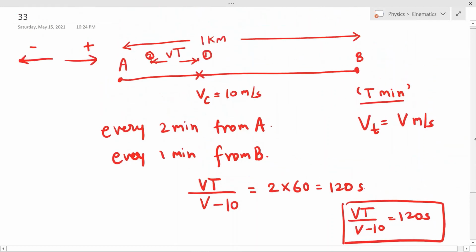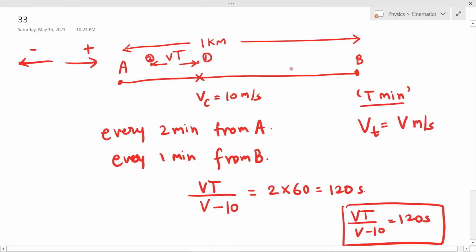Now similarly we will do this for the cab coming from position B. Let's say now the cyclist is at this position, and he meets the cab here. Let's say this is the first cab which is coming from position B, and then again the second cab will be some distance away, which is nothing but V times t, that is the velocity of the cab times t minutes, because only after t minutes the second cab will leave, and the velocity of the cabs is V, so this distance will be Vt.